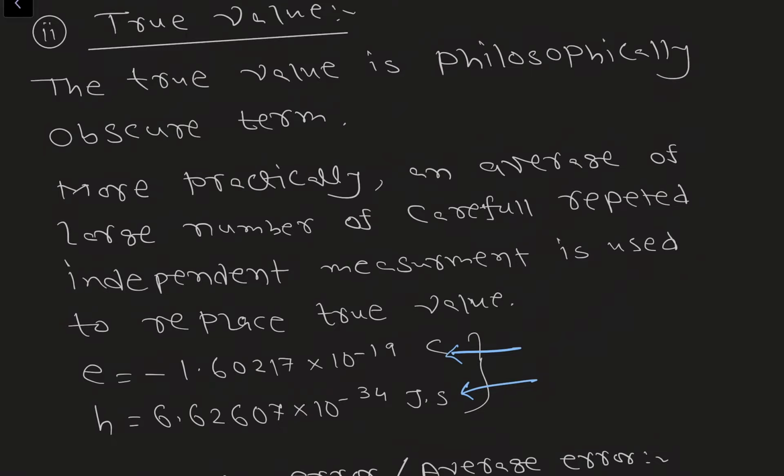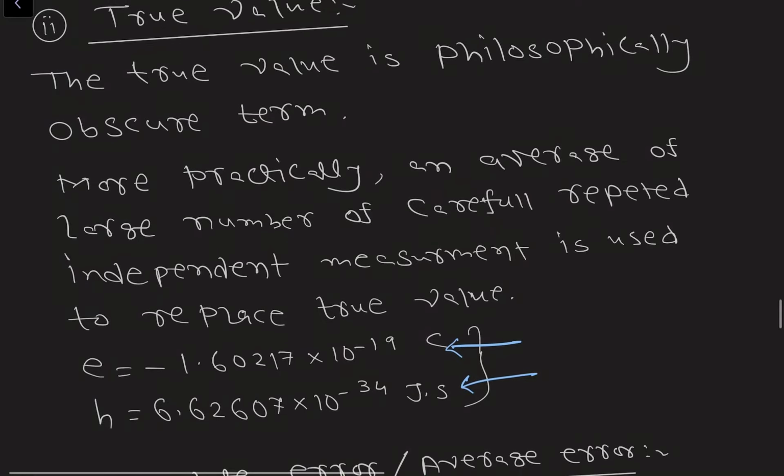So nowadays we take these two values almost like true values, because he calculated them based on a large number of repeated measurements, like some 1,000 measurements or so. Not only that, people all over the world have done lots of other experiments to calculate these values. So now, practically, we can say these are true values.